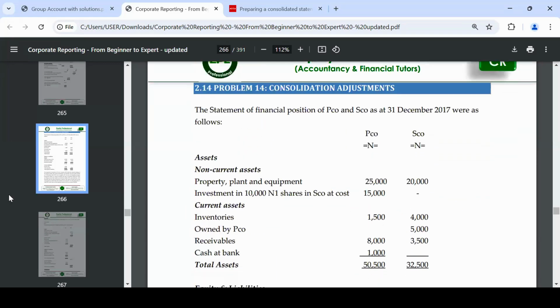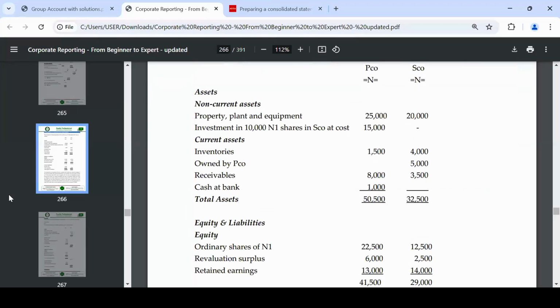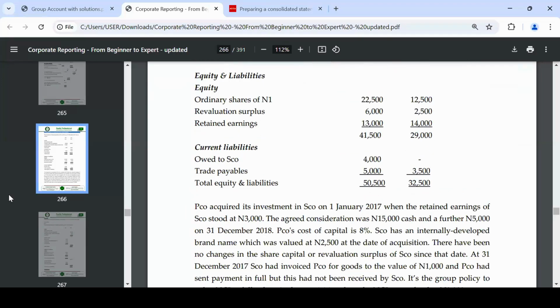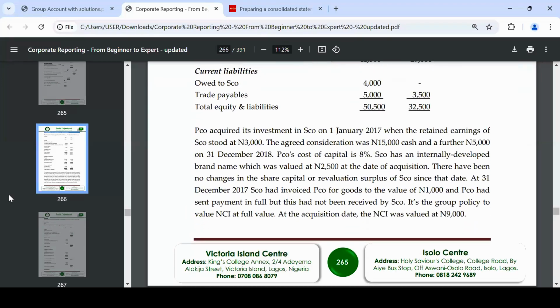The statements of financial position of PICO and ESCO as at 31st December 2017 were as follows. Given the PICO numbers and the ESCO numbers, we then have additional information, which is a little bit more than what we have been dealing with. We have been dealing with special cases before. Now we have a combination of a number of things put together. So let's look at it.